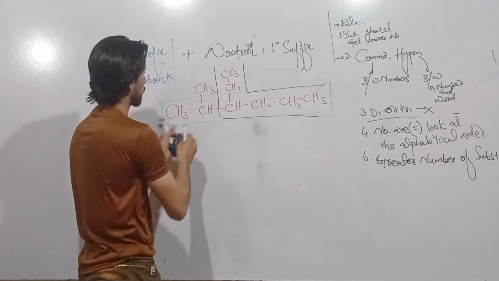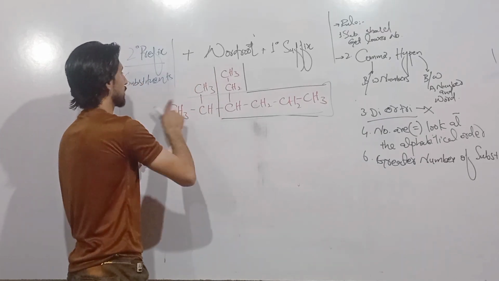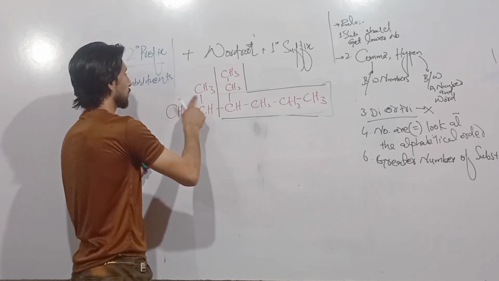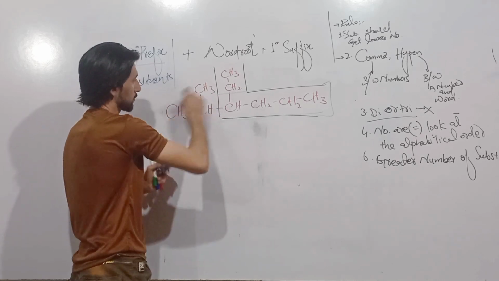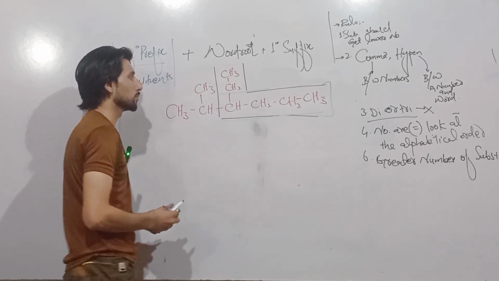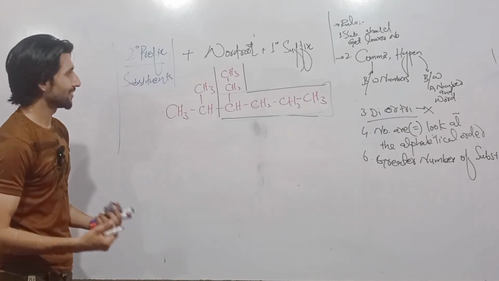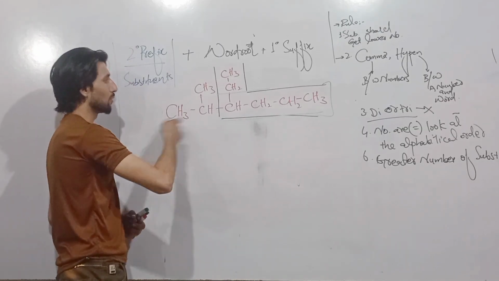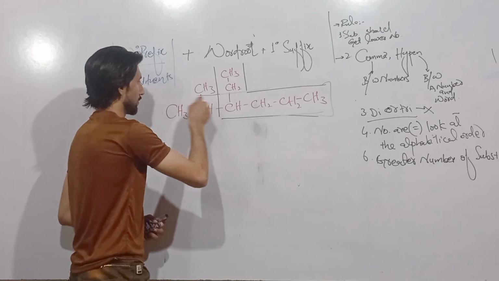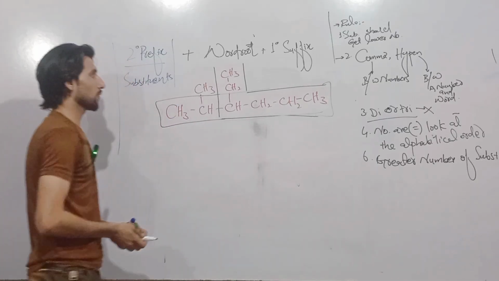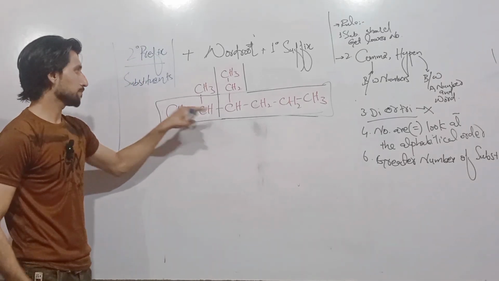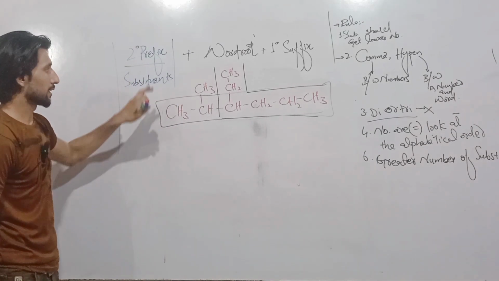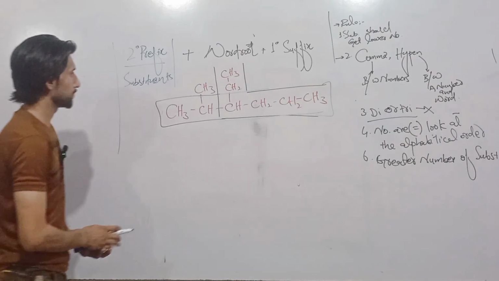If we were to opt for that one, like the black box, what would we get? We would get a complex substituent, and naming that would be a bit more difficult than naming more substituents. So we are opting for the chain that contains the greater number of substituents.